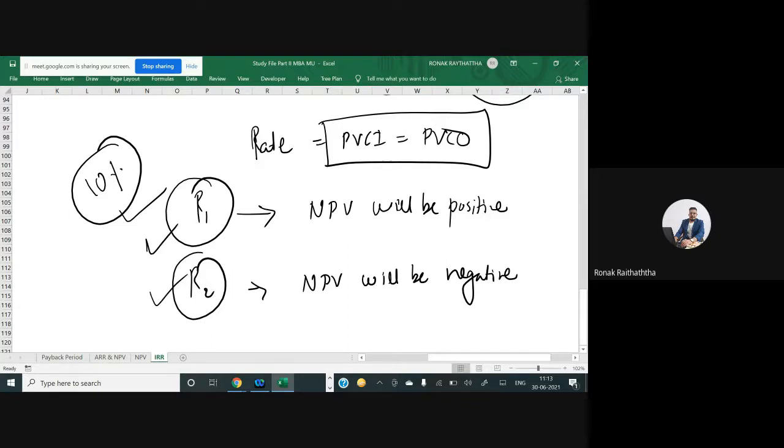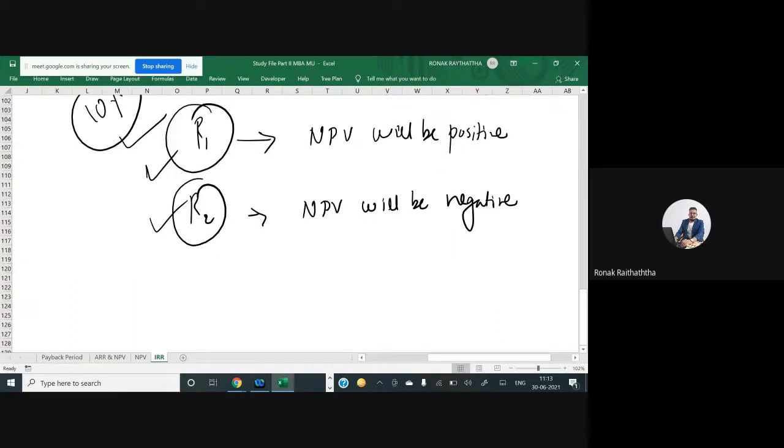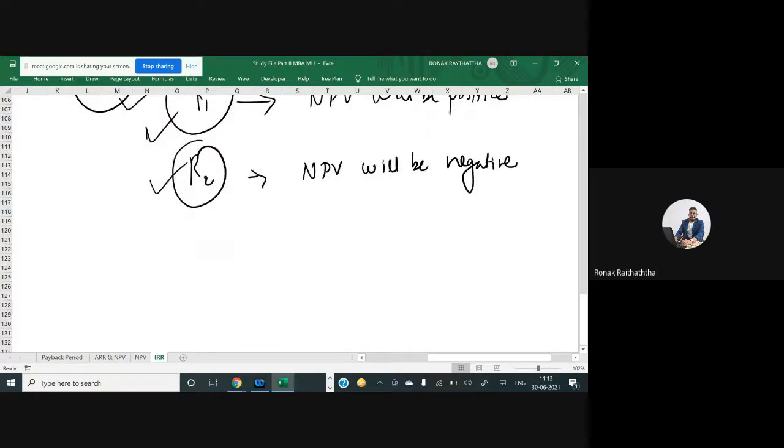So your answer will be far away from the actual answer if there is too much difference between R1 and R2. So you should find the R1 and R2 accordingly, where the NPV is slightly higher than 0 and NPV is slightly lower than 0.